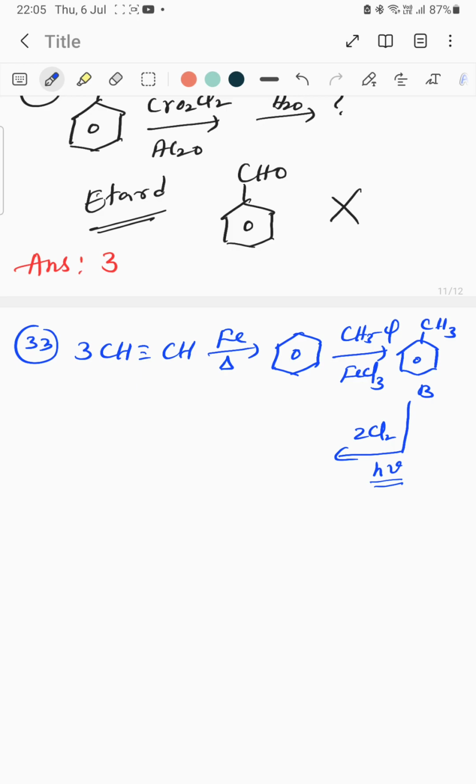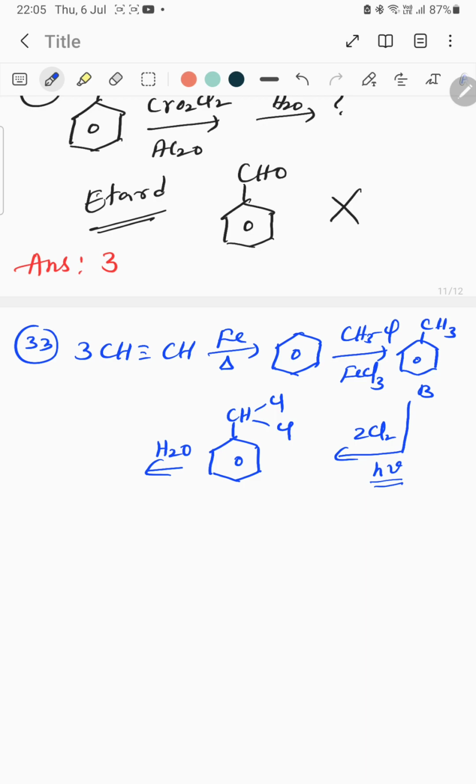Suppose in the same reaction, instead of sunlight, a Lewis acid like AlCl3 is present, then electrophilic substitution takes place and Cl is attached to the benzene ring. But here sunlight is present, so we get benzene CH Cl Cl. This is the side chain substitution reaction, followed by hydrolysis.